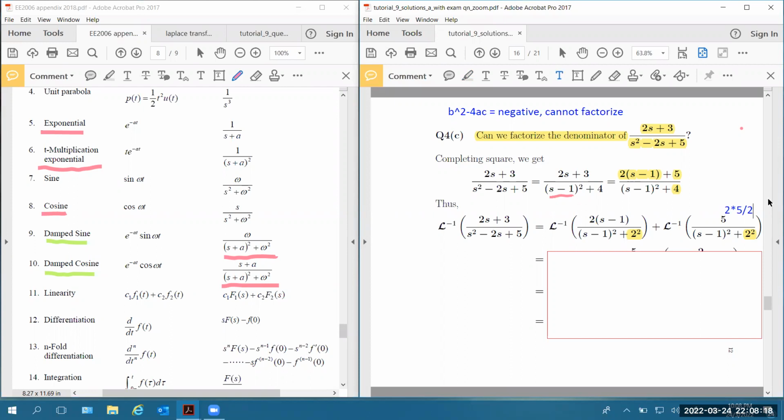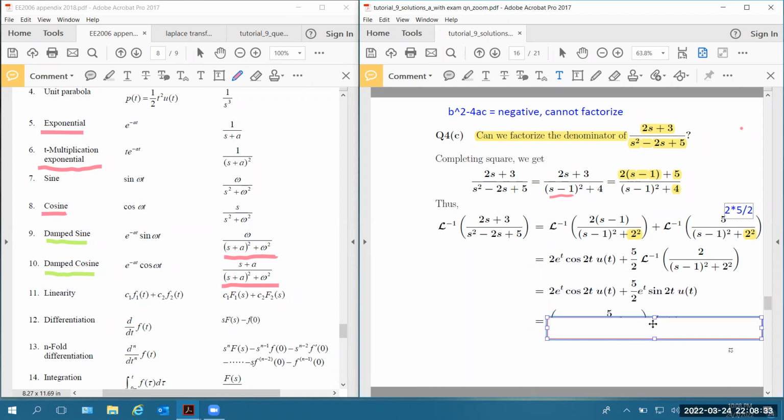Then that will fit very well. Then your 5 over 2 you can bring outside, and this gives us the t-sine. The last step is just simplification. Any questions?